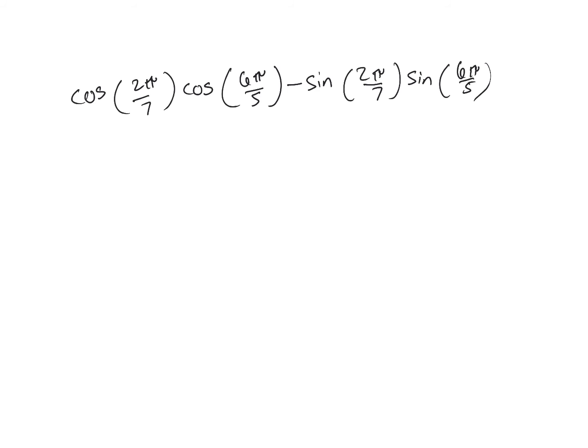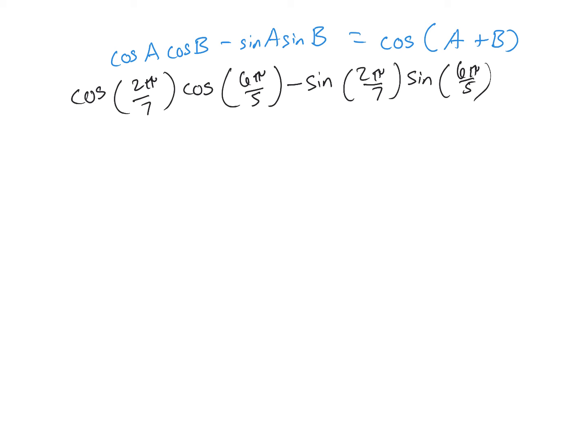So this is long and lengthy, and I don't necessarily want to do all of that. So what I can do using my trig identities is that cosine of A times cosine of B minus sine of A times sine of B is equivalent to cosine of A plus B.